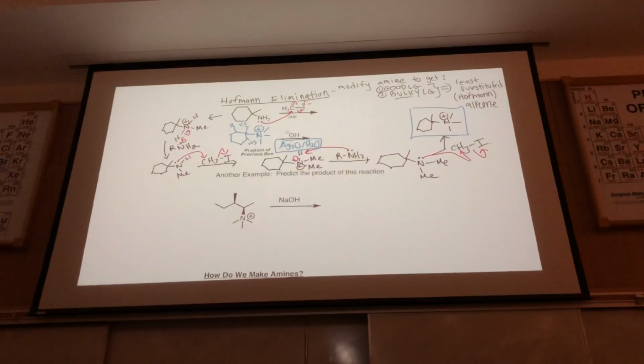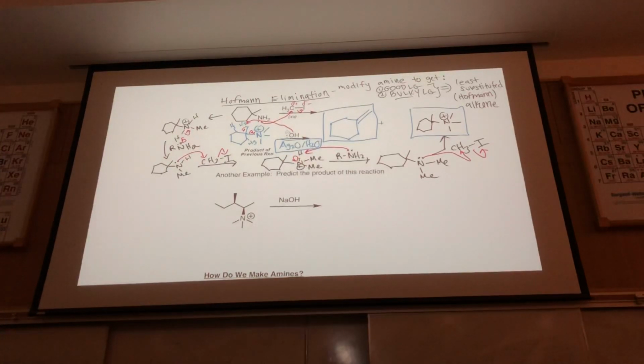The exterior peripheral protons are easier for the base to get to. So we have our hydroxide, do an E2, all in one step, inserted. There we go, our least substituted alkene.